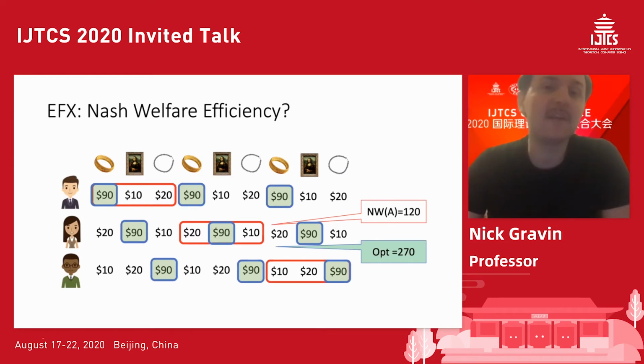So it will again be an allocation which is envy-free up to any good, and will have much higher Nash welfare. Specifically here it will be 270 per agent, and therefore the total Nash welfare will be 270. So you can see the gap is big, and you can make it as big as n for n agents.